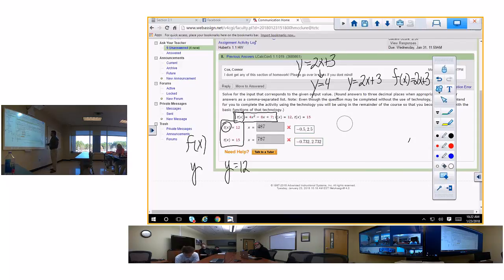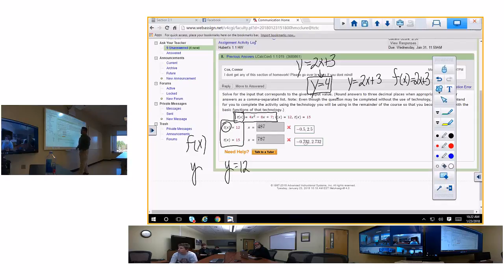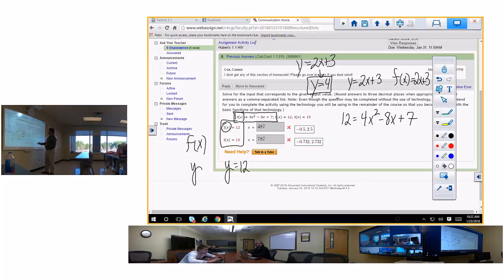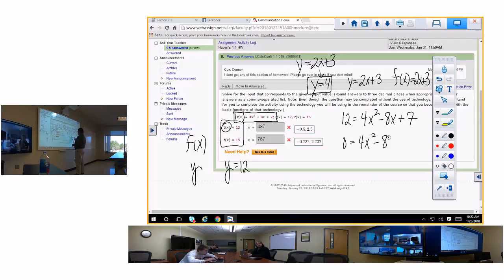The number one error students make here is they take the 12 and plug it in for x. They forget that when you got f of x is equal to 12, that's the same thing as when we used to write y is equal to 4, and you plug it in for y. So 12 is equal to 4x squared minus 8x plus 7. And you're going to bring the 12 over. So that's going to be 0 is equal to 4x squared minus 8x plus 7 minus 12.